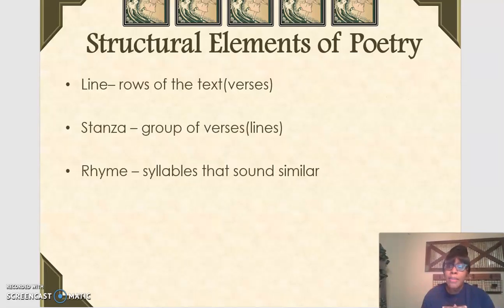So the structural element of poetry is lines. We can also call lines verses. So it's written in lines, which are the rows of the text. It has stanzas, which are a group of verses or lines, and we have rhyme, which are syllables that sound similar.